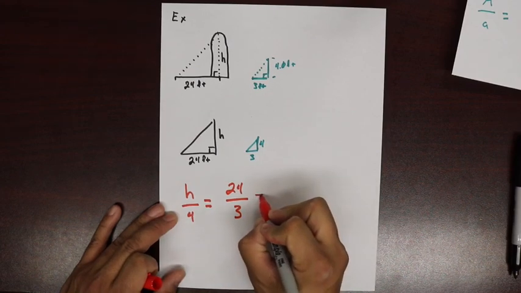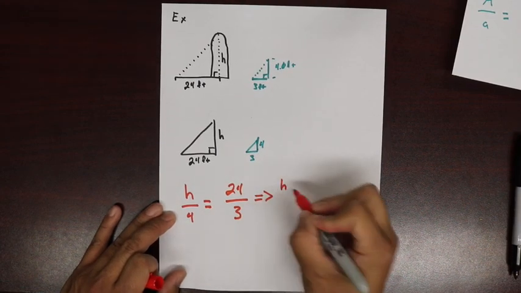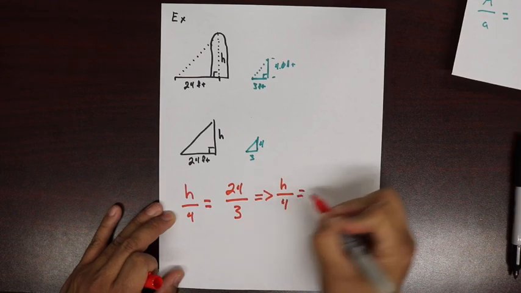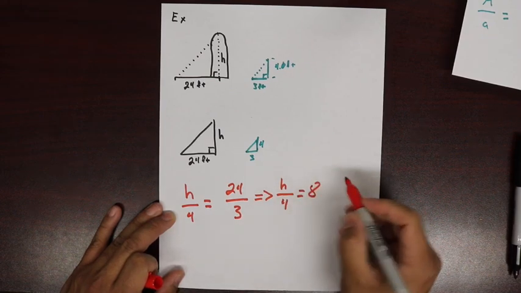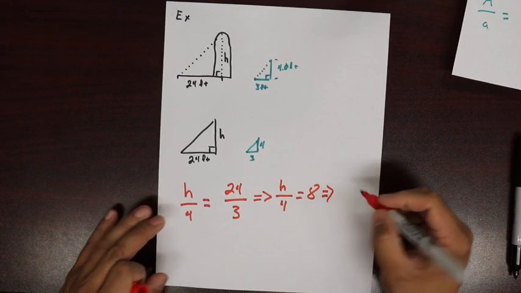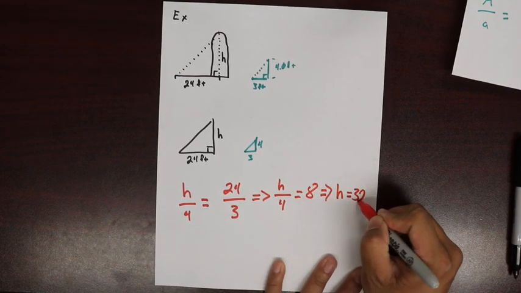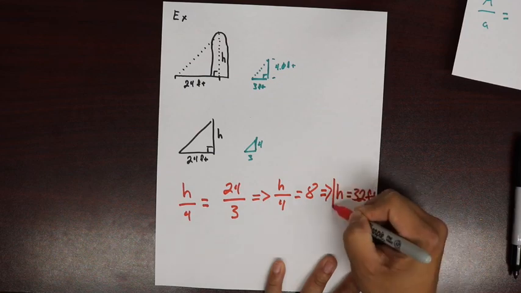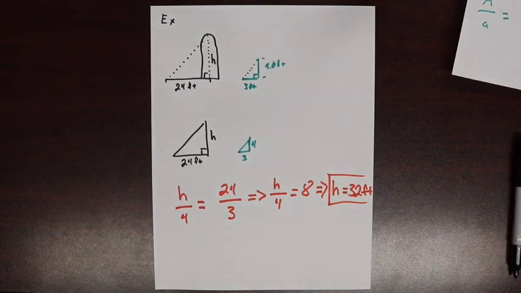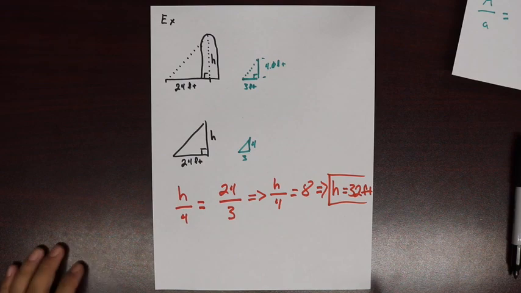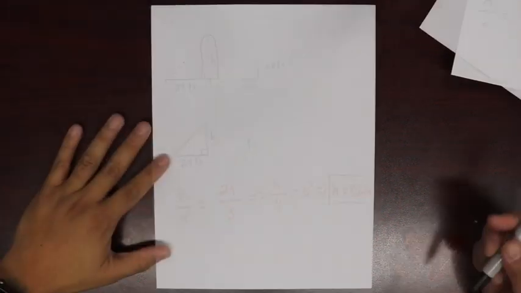Then h over 4 equals 8, which becomes h equals 32 feet. And there's your solution for this first problem.